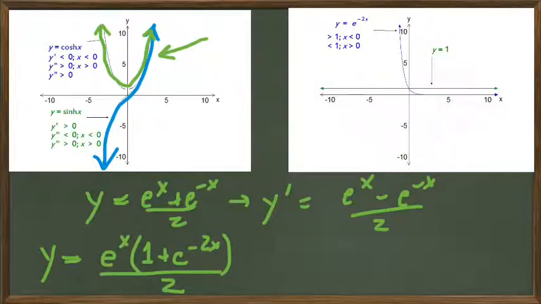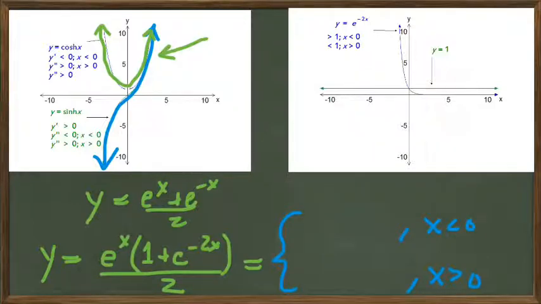And we want to analyze it with respect to its signs when x is less than 0 and when x is greater than 0. Here in this picture is the graph of e to the minus 2x, and if you look in your textbook on page 155, you can see this graph.